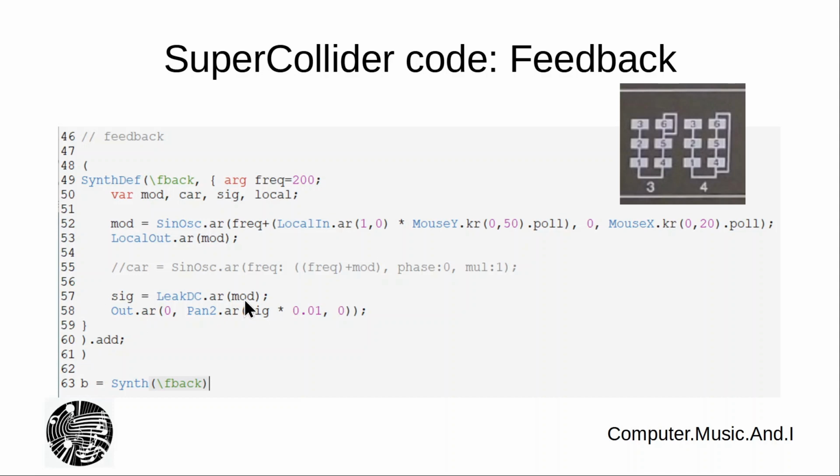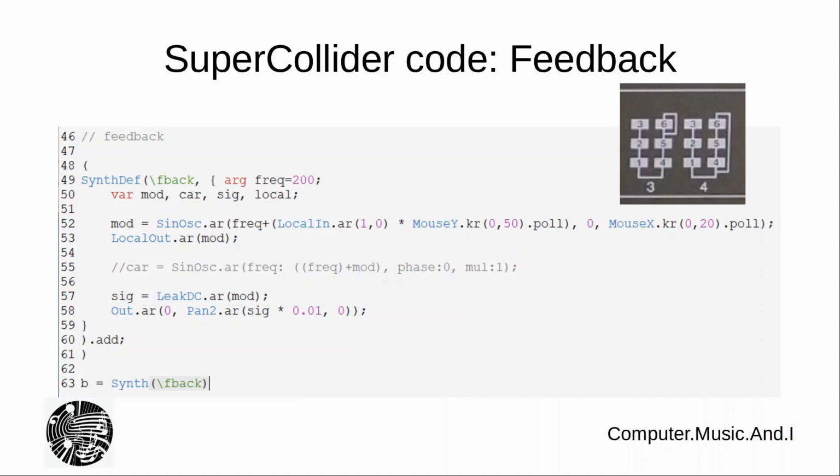And then when you do this and you have a look at the frequency, you will see that there is a high amount of DC within the signal, and in order to filter that out, you're just using the LeakDC.ar, which is going to just remove that. So you will see this kind of DC amount on the very lowest part of the frequency spectrum.